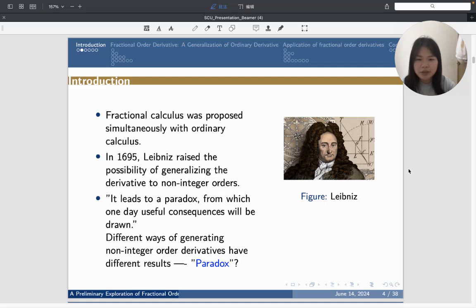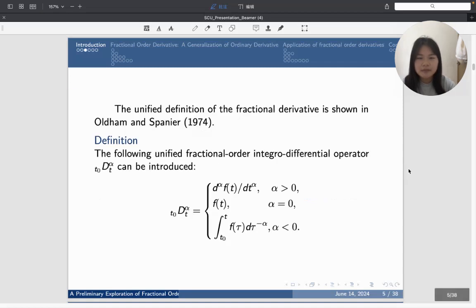Nowadays, there are many different ways of generating non-integer order derivatives, which lead to many different results. Is this what Leibniz called the paradox? Well, for starters, I present a unified definition of the fractional derivatives here.